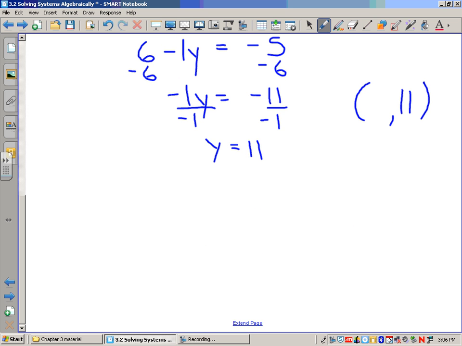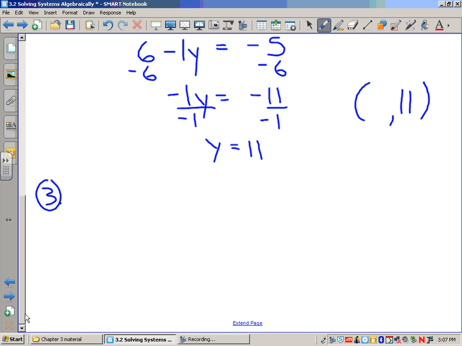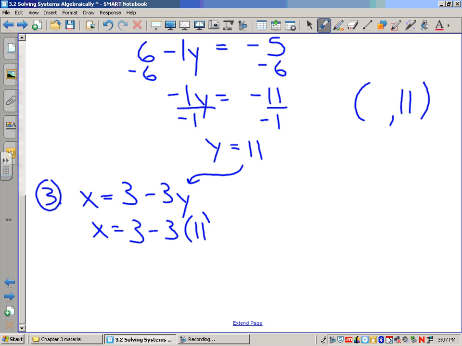So now we're to step number 3. Step number 3 says take that answer, substitute it into your answer from step 1, which I put a box around. So step 1 was x equals 3 minus 3y. So if I write that down, I now know what y is. So x is going to equal 3 minus 3 times 11, which would be 3 minus 33, which would be negative 30.